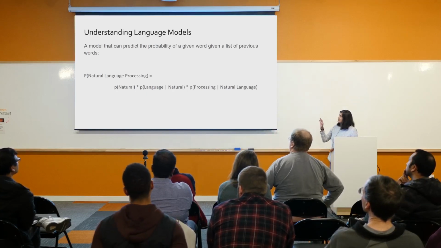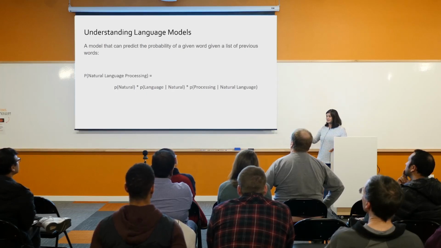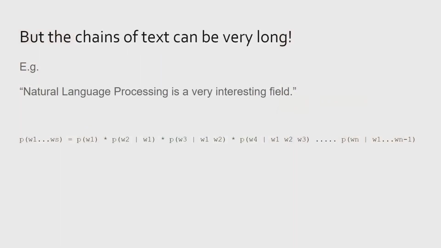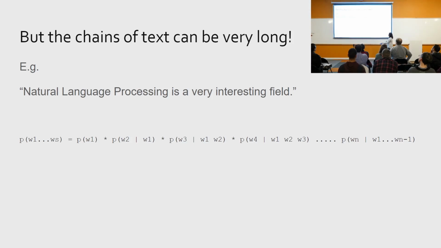But can you see a problem with using something like this in a large sentence? It could go on and on and on. Say you have: natural language processing is a very interesting field. The probability of all of them occurring together is the probability of the first and second given the first, third given the first and second, and it can keep going all the way till the last word, where you have the probability of the word field given this whole sentence.